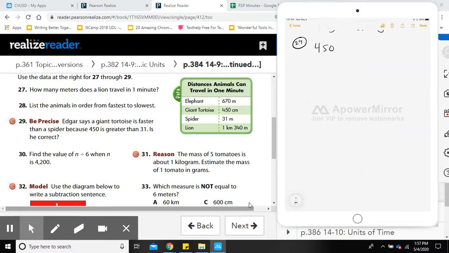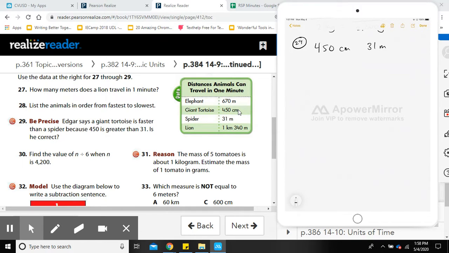So if we look at our chart over here, it says the distance animals can travel in 1 minute. The giant tortoise can travel 450 centimeters in 1 minute. The spider can go 31 meters. Okay, so look at that. We have centimeters and meters. Those are different units of measurement.